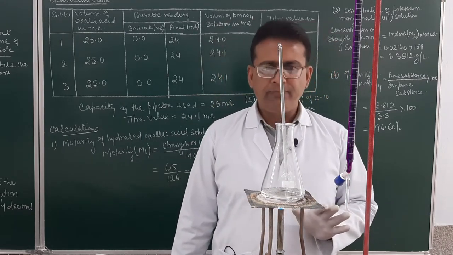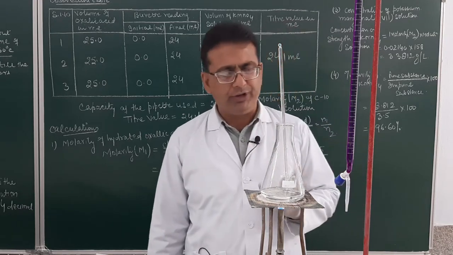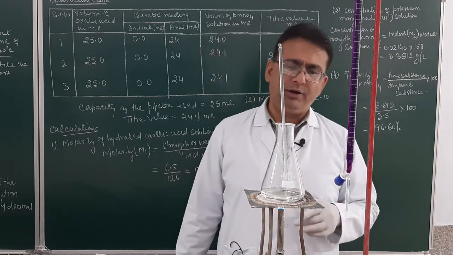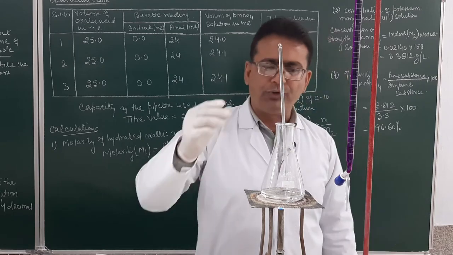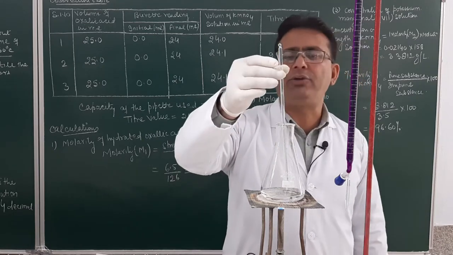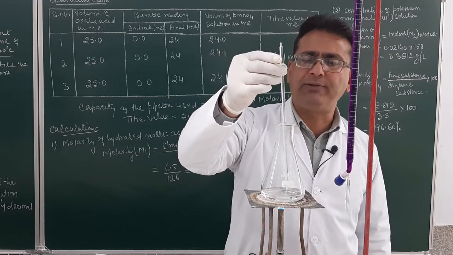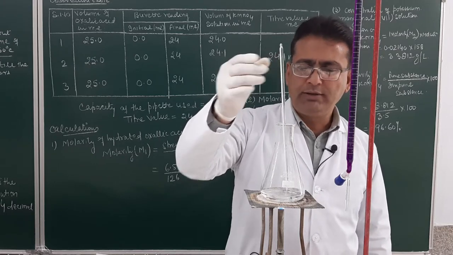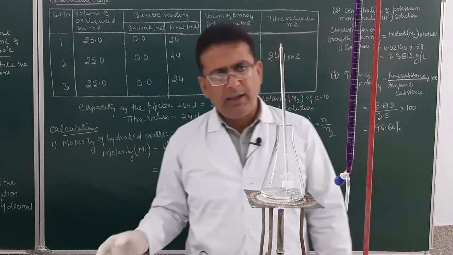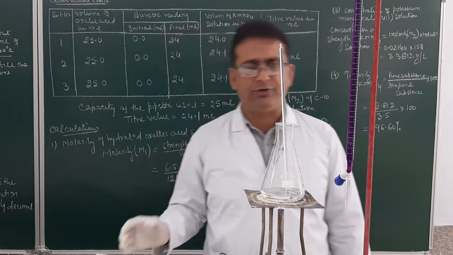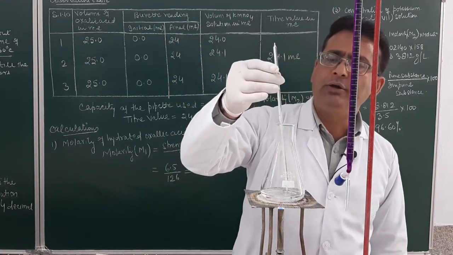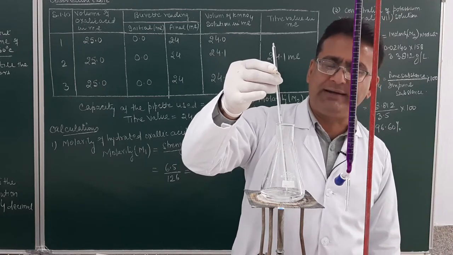Once it is heated to 60 degrees C, then I will add drop by drop the KMnO4 solution till the persistent pink color appears. And as soon as the persistent pink color appears, that will indicate the end point of the titration.